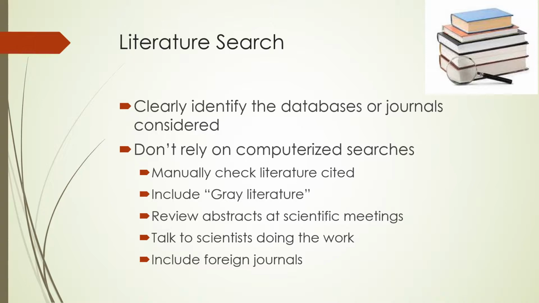You also should include the gray literature, which in most cases will not be included in online databases. So this includes reports from state and federal agencies and non-governmental organizations, and it could include any kind of publication that doesn't come out in the peer-reviewed literature.